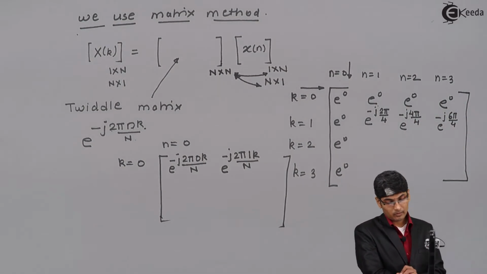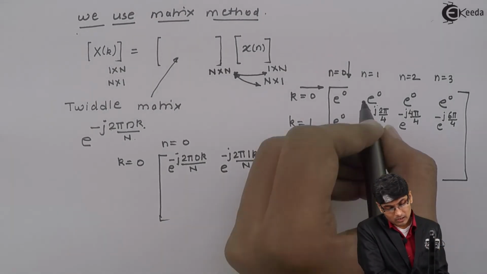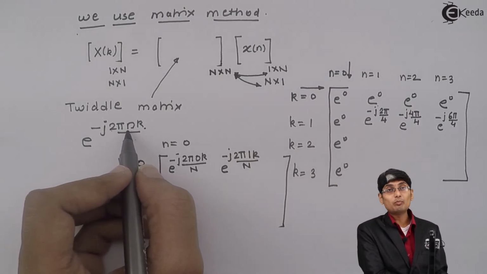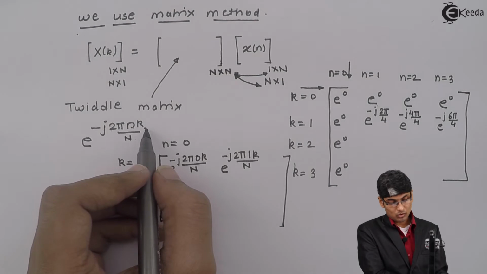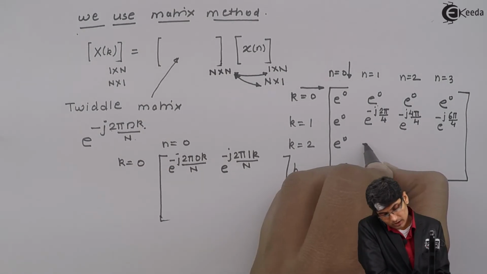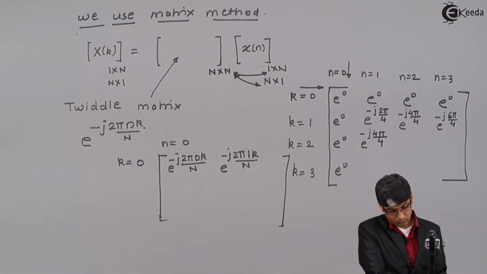isn't it? Correct. Now, again if I go further, here n is 1 but k is 2 now. So, when n is 1 it will give me 2 pi and k is 2. So, 2 into 2 will give me 4. So, it will be e raised to minus j 4 pi by 4.